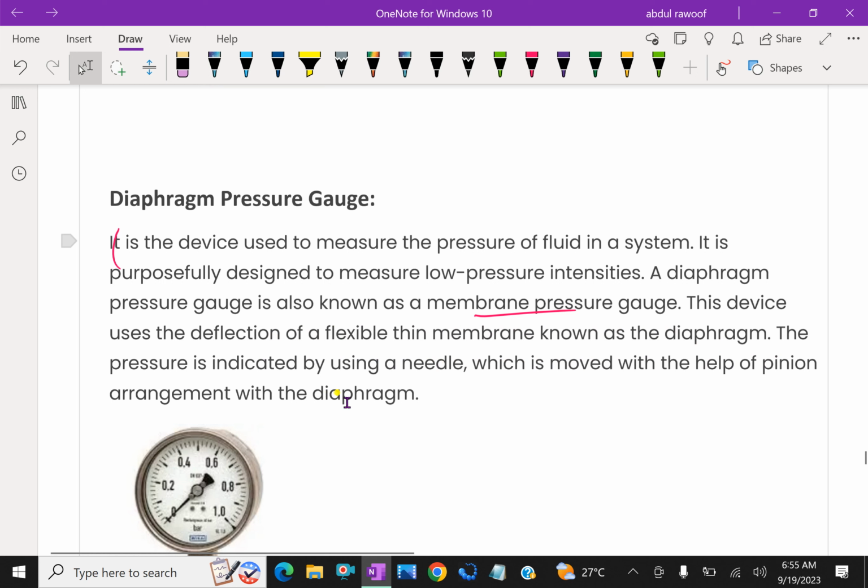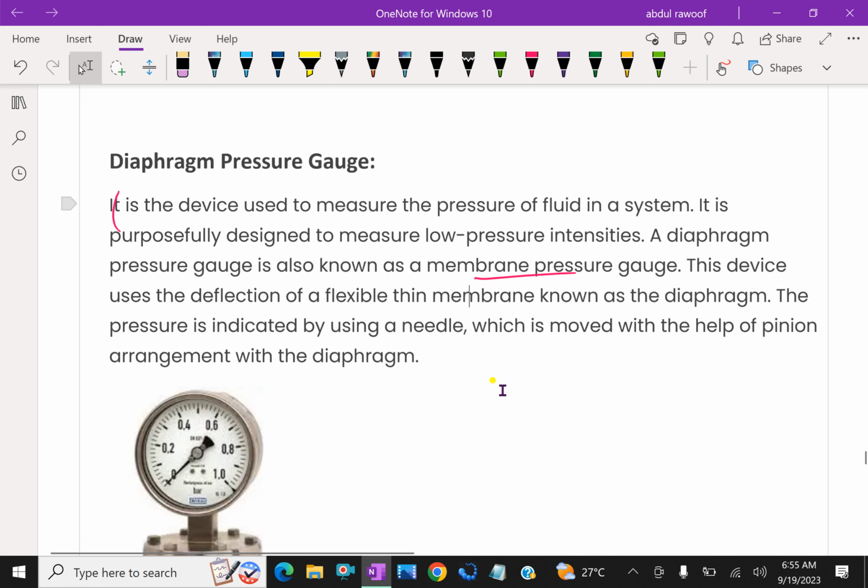The pressure is indicated by a needle which is moved with the help of pinion arrangements with the diaphragm. That means due to membrane movement, the pressure is measured by using pinion arrangements.